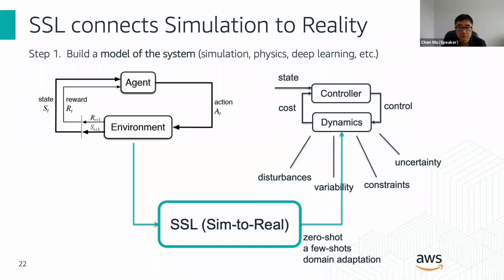It can be reapplied in reality by giving it a few examples with labeled data sets. That's one way of strengthening your simulation to make it more real. Sim to real has been the subject of a lot of work recently.